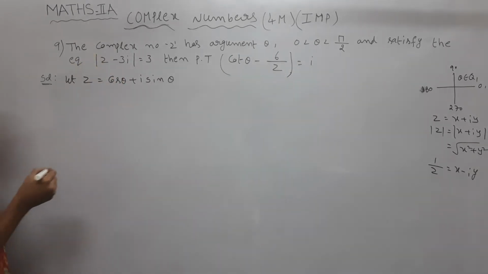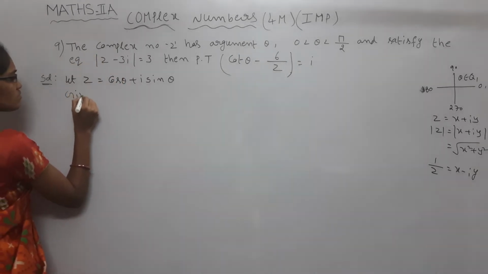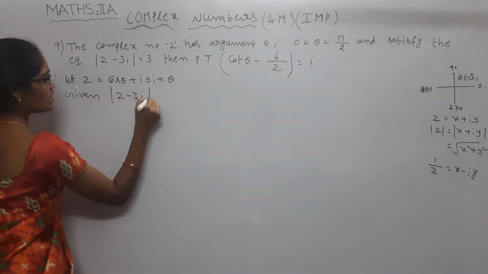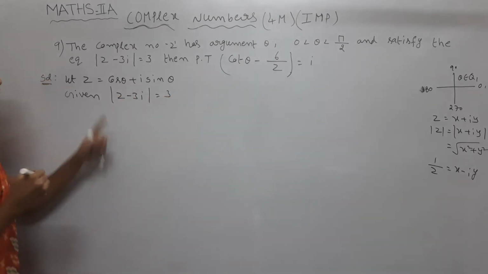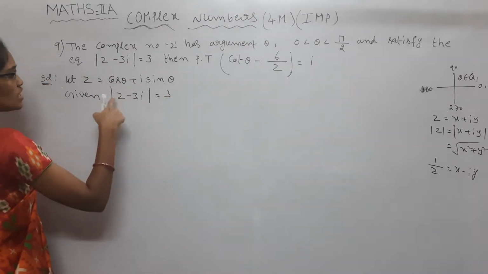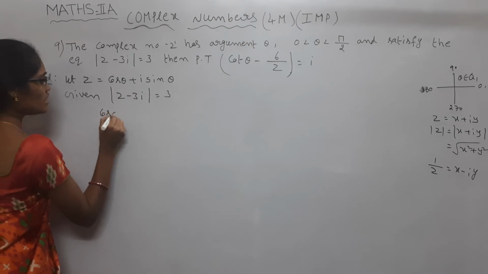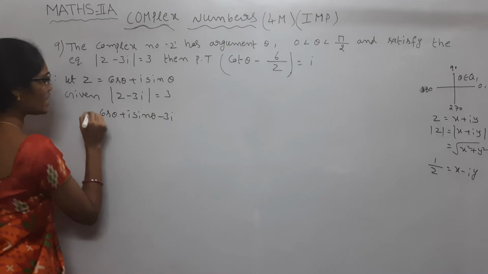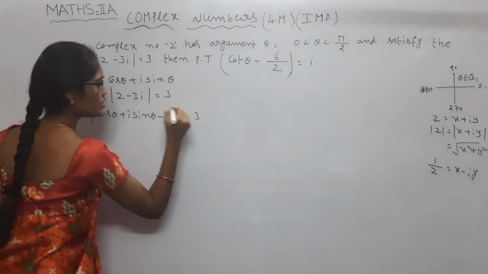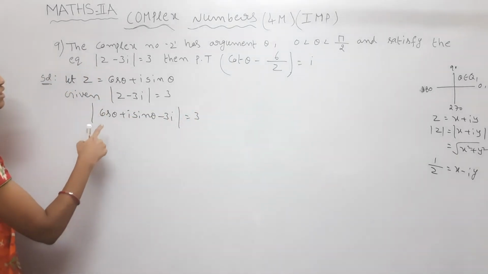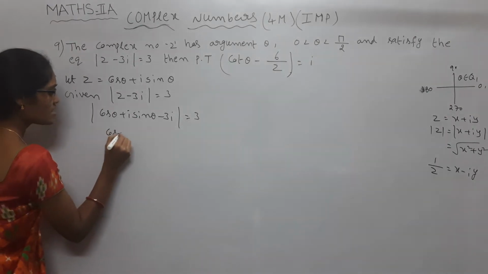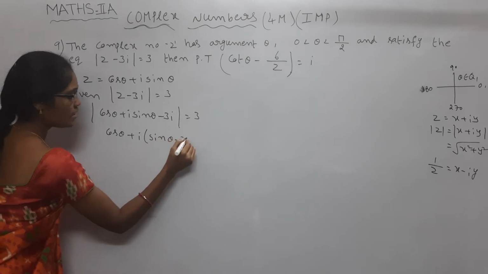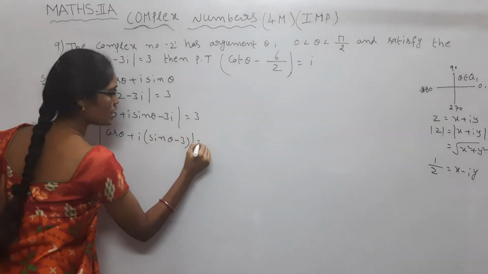Now see the given condition: |z - 3i| = 3. So what is the z value? Our assumption gives |cos theta + i sin theta - 3i| = 3. Using the magnitude formula, cos theta is the real part, and taking i common, sin theta - 3 is the imaginary part.